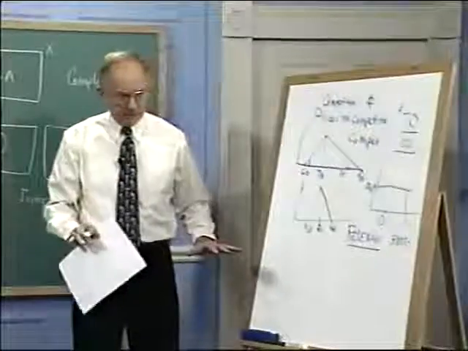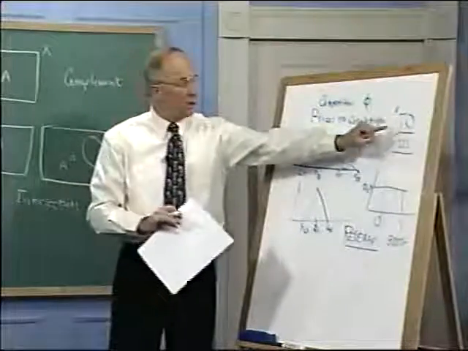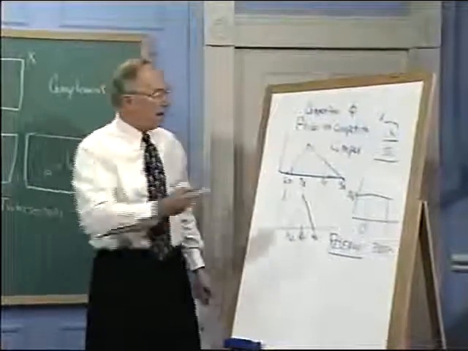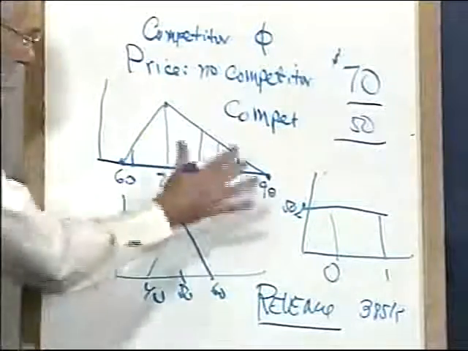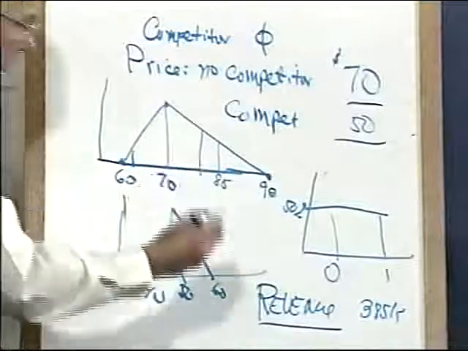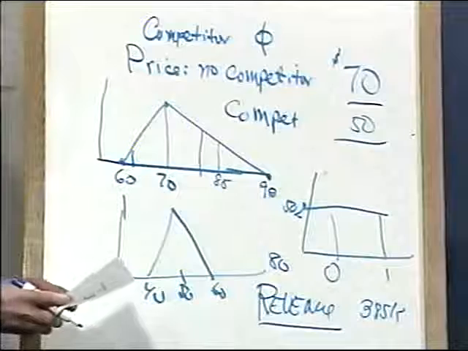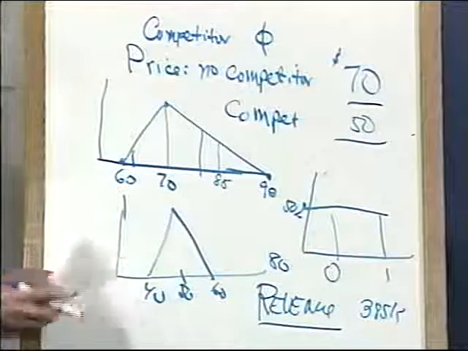Each time I run this model, it's going to pick a number. It may be that the competitor doesn't enter, and I can charge $80. The computer is going to do this for me. It's going to randomly generate possibilities based on this distribution. So I charge $80, and I have a volume of, maybe I come up with 5,000 units.